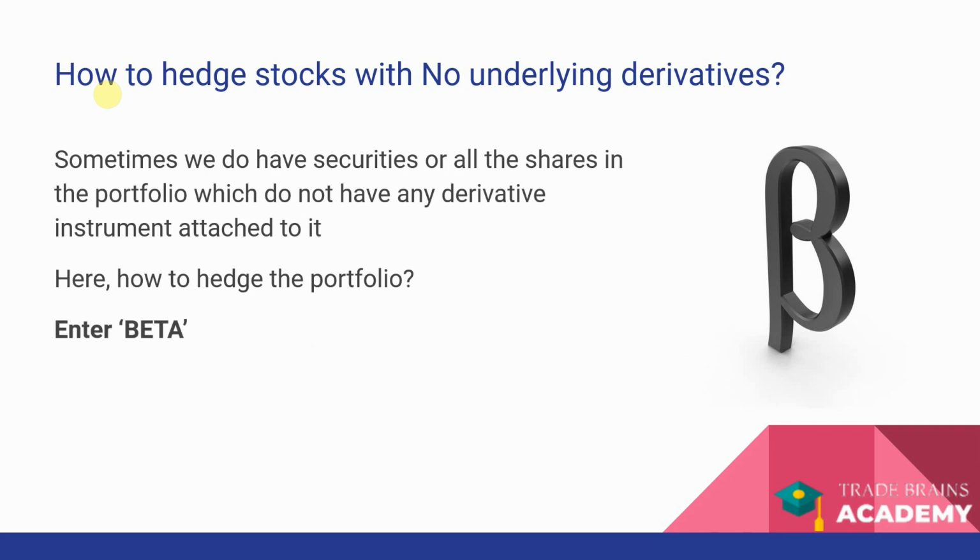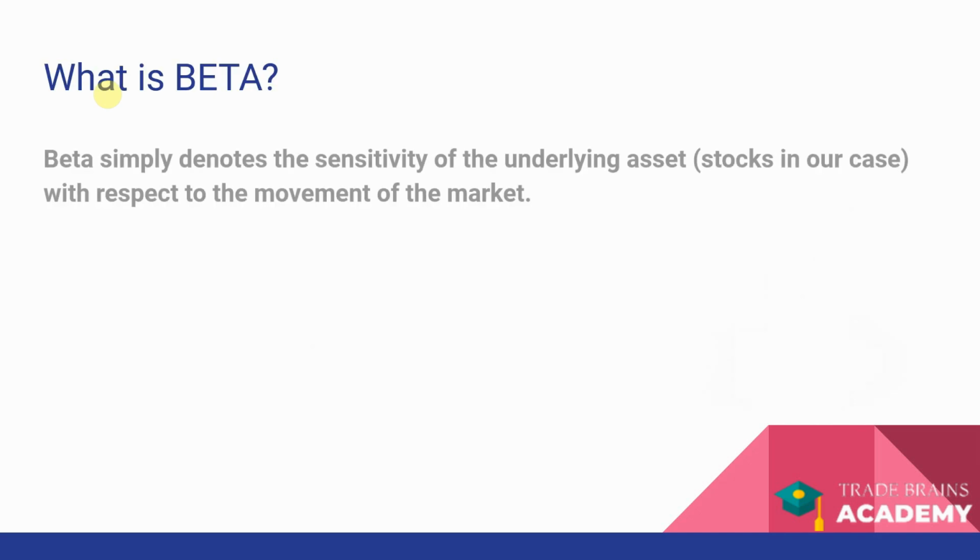I'll be explaining the concept of beta in the next slide, but to give you a brief perspective, beta tells you the correlation of your portfolio with the overall market. Beta simply denotes the sensitivity of the underlying assets, that is stocks in our case, with respect to the movement of the market.